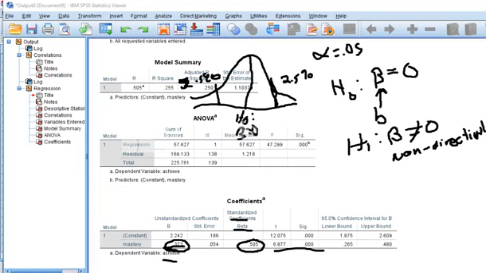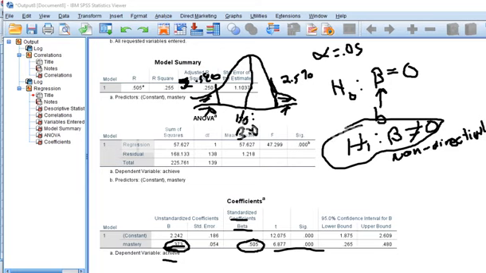And these areas are the region of rejection. So if our sample estimate puts us out into the upper tail or the lower tail, we would reject the null hypothesis and infer that the alternative hypothesis is the case. So in other words, we reject the null hypothesis.